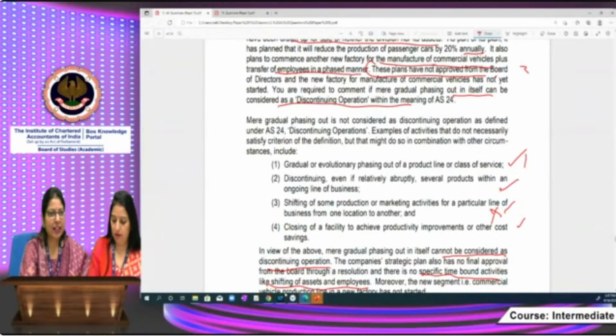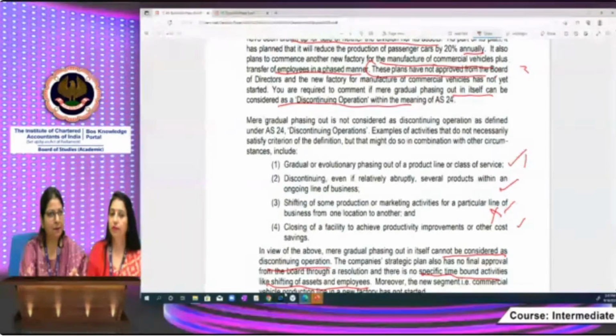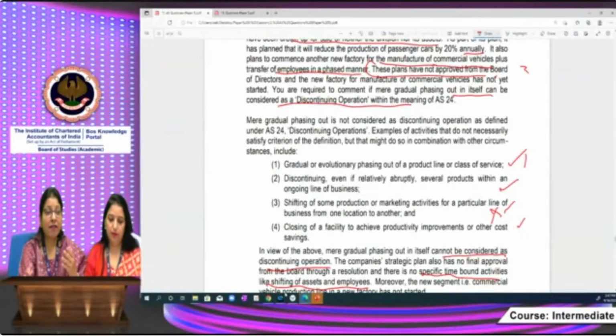Under AS 19, the parameters have to be judged and you have to identify what type of lease it is, and give the proper accounting treatment in the books of lessor and lessee. AS 20 was more towards calculation of earnings per share and diluted earnings per share. Under AS 22, we saw the impact of deferred tax: what are permanent differences, what are timing differences, and why differences originate between accounting income and taxable income.